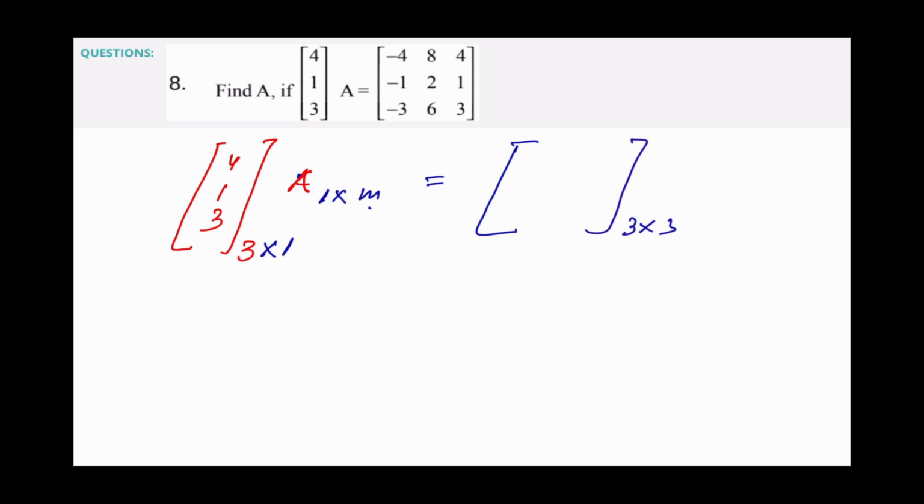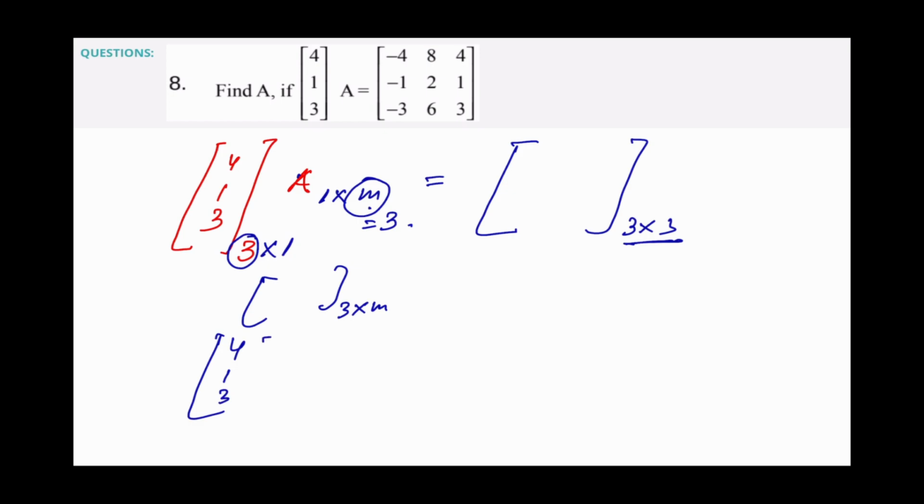So this m, we know that after multiplication, the new matrix found is of order 3 cross m. So m, and that is equal to 3 cross 3. So m has to be equal to 3, correct? So done.